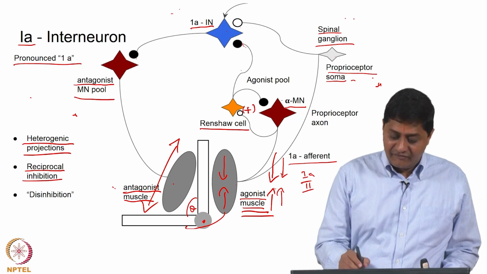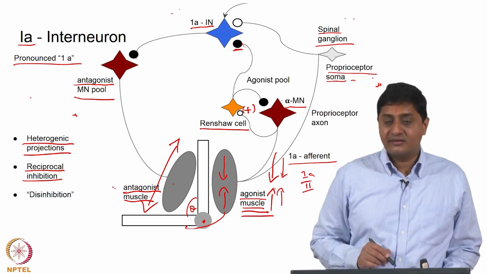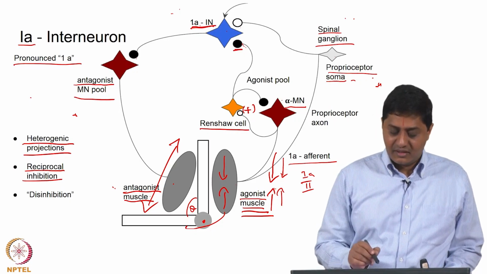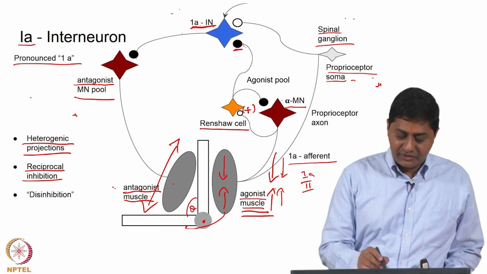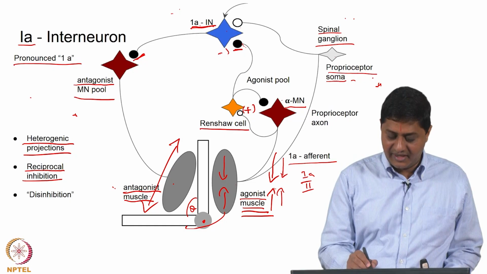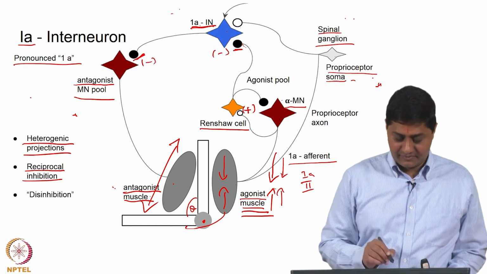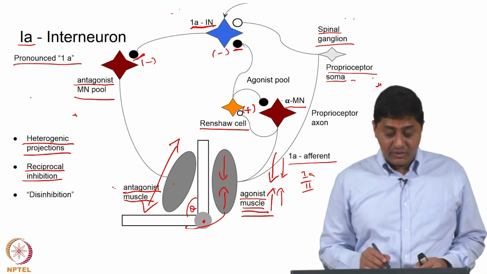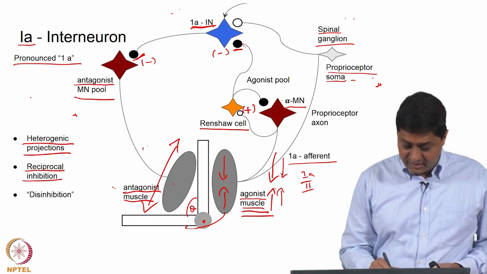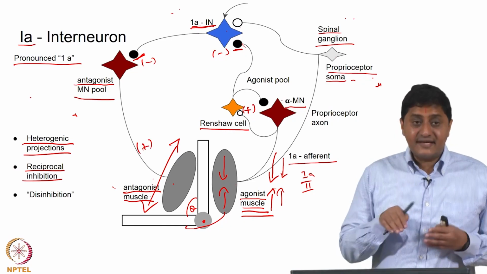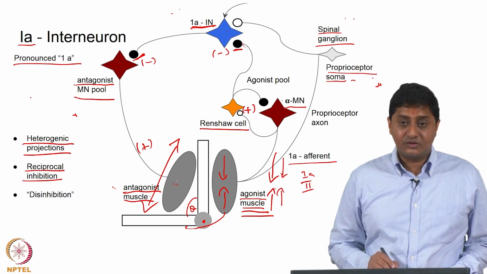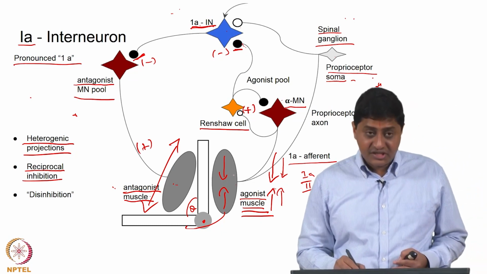In a way, if I inhibit this 1A interneuron, which is already inhibiting this antagonist pool, in other words, there is one minus here, and one more minus here. Effectively, I am increasing the probability that an excitatory command is going to be sent to this antagonist muscle, or in other words, that there is a contraction here.